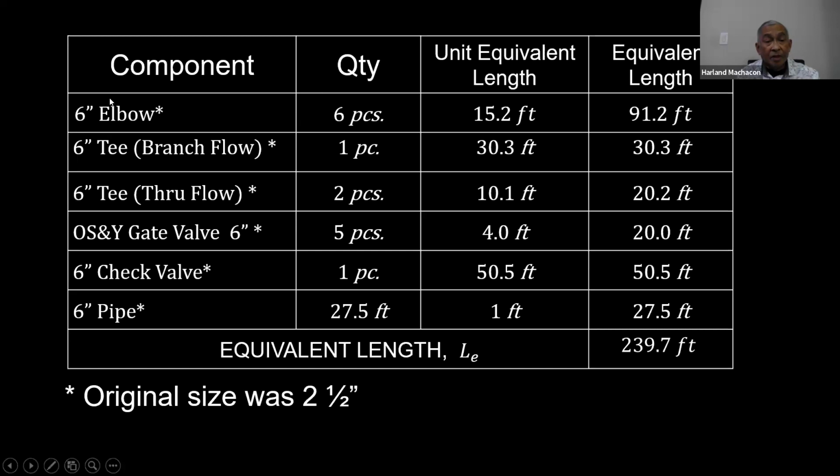See, we tabulated it, so it's now 6-inch elbow, 6-inch T branch flow, 6-inch T through flow, outside stem and yoke gate valve, 6-inch check valve, and 6-inch pipe. The resulting equivalent length will be 239.7 feet.